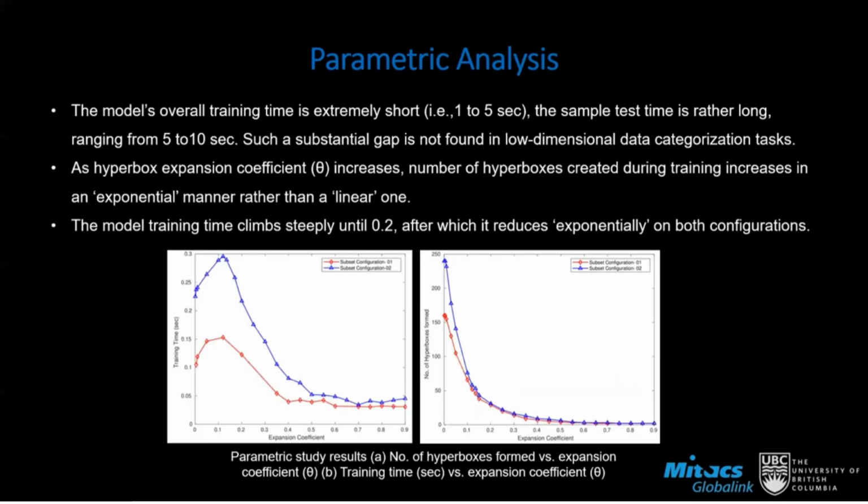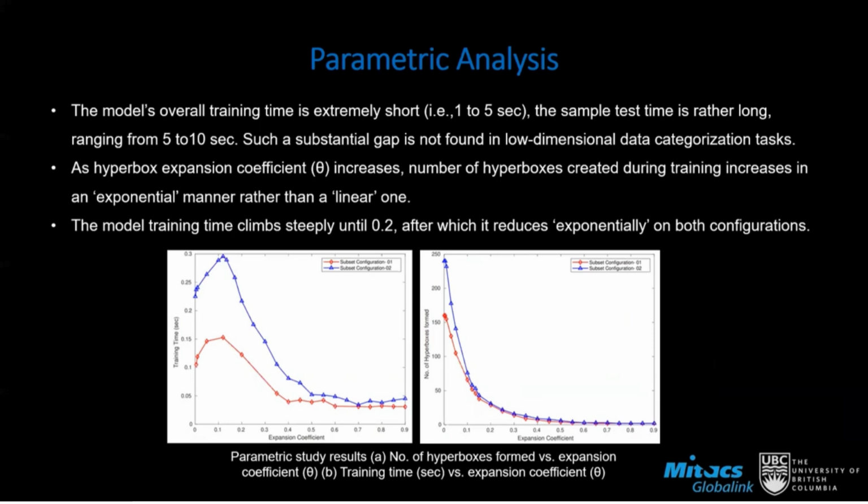A parametric analysis was also carried out to examine how the model's performance is affected by hyperparameters, including the hyperbox expansion coefficient, theta, and the fuzziness control parameter, gamma. It was observed that the training time is extremely short, between 1 and 5 seconds, but the sample test time is relatively longer, around 5 to 10 seconds.